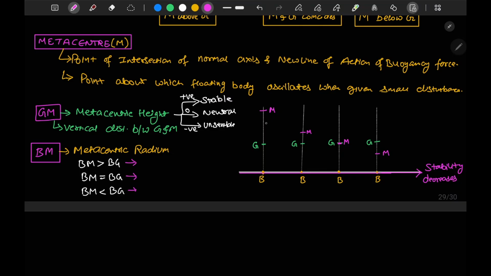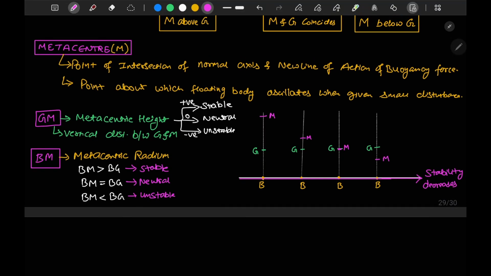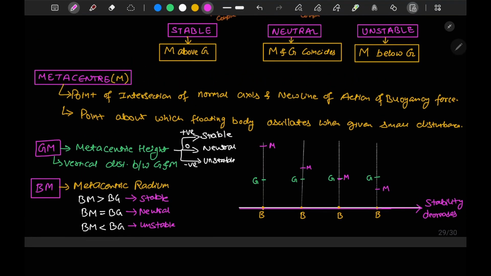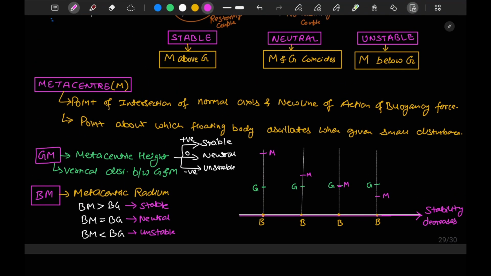In case BM is greater than BG, this is stable equilibrium. In case BM is equal to BG, this is neutral. And if BM is less than BG, this becomes unstable. So these are the conditions for partially submerged bodies to be stable or unstable.